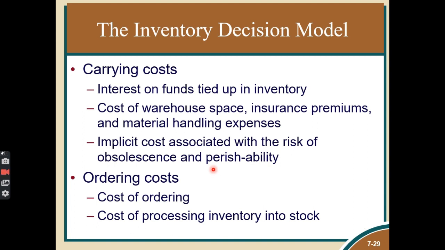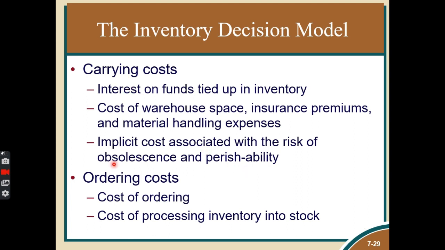Carrying cost contains interest on the funds tied up in inventory, meaning the cost of the money that you invest in inventory. Second is the cost of warehouse space, insurance premiums, and materials handling, because the inventory will be kept in a warehouse, and other implicit costs associated with the risk of obsolescence and perishability.